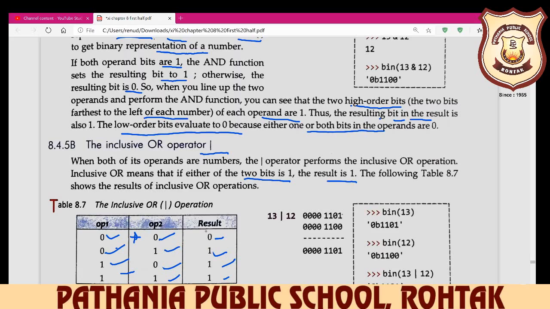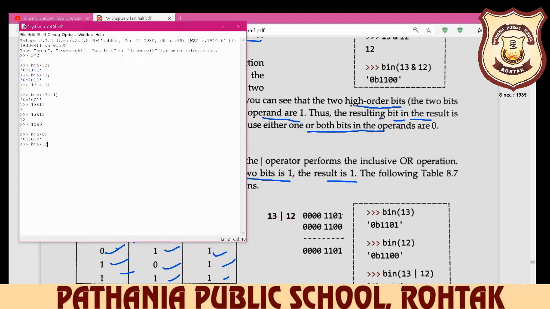And how do you write it? For example, again you open it. Now the same values we write down, bin and the same value we took here, 13 bar 12, so you get the binary digits.